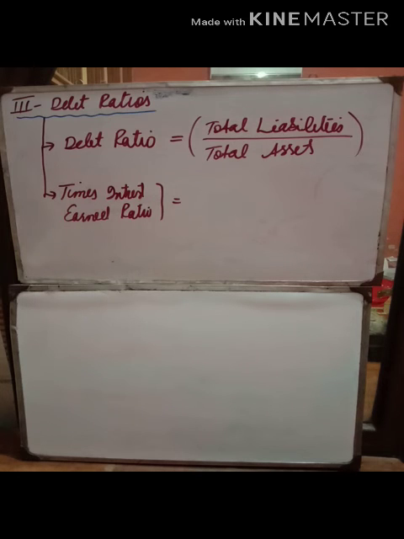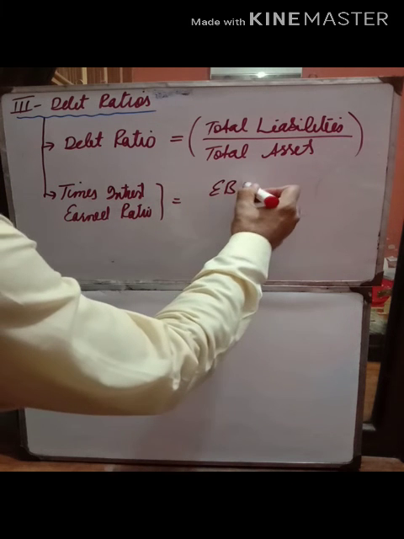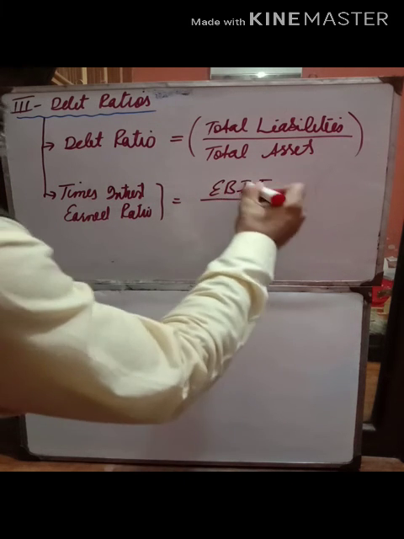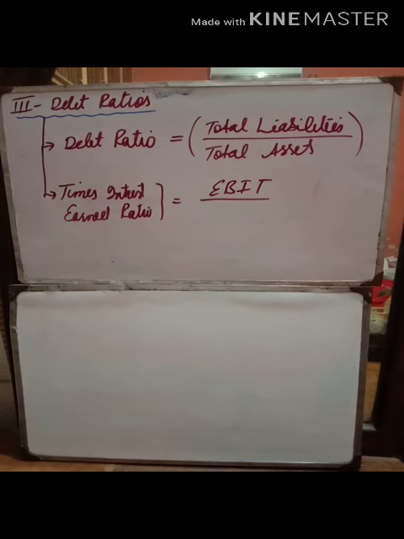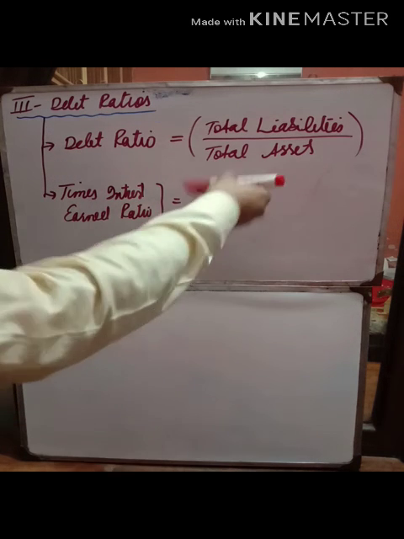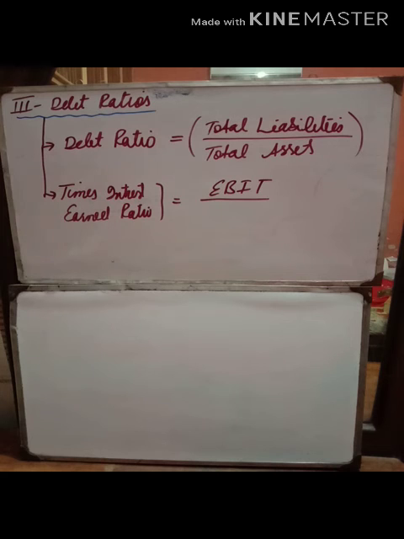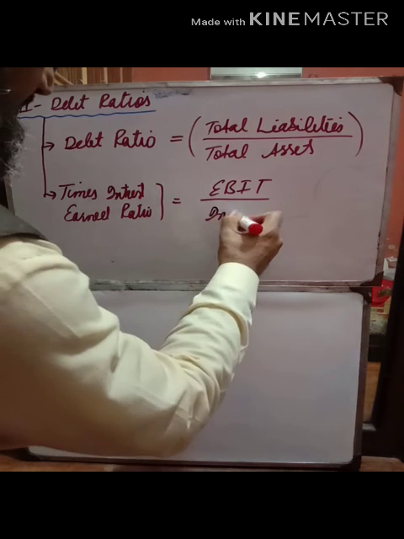So we can calculate the times interest earned ratio by this formula: earnings before interest and tax, a term used in the income statement, EBIT, or operating profit or net operating profit, divided by interest expenses.